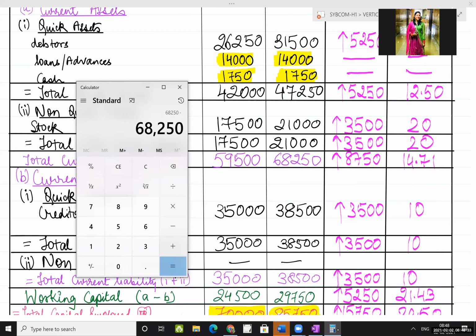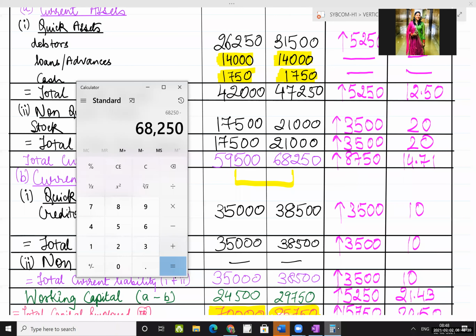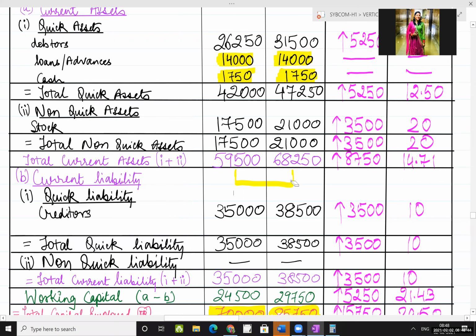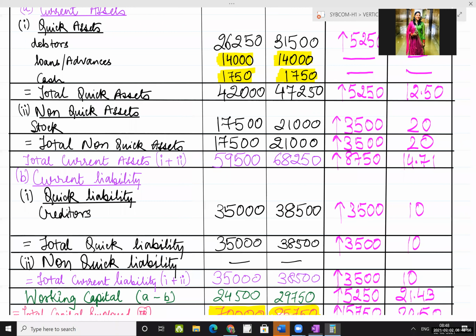So obviously there is an increase. Okay, ये देखो ये बढ़ गया है. Minus 59,500, 8750 का increase. Okay, divide by 59,500 into 100. 14.705. We can make it 71.